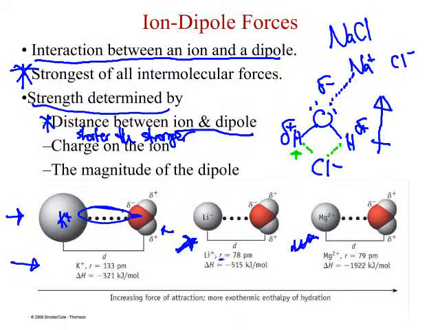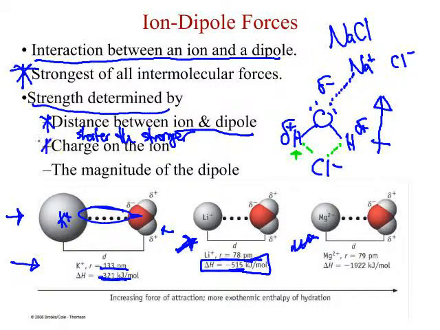So here we have the distance between the ion and the water molecule. Here is 78 picometers. Here it's 133 picometers. You can see that for lithium, the ion-dipole attraction, the magnitude of the attractive force between these two things is much higher than it is over here for the potassium and the water molecule. So the shorter the distance between the ion and the dipole, the stronger the attraction is going to be.